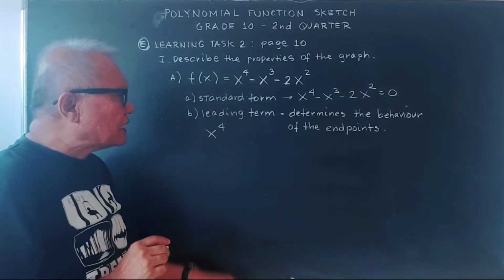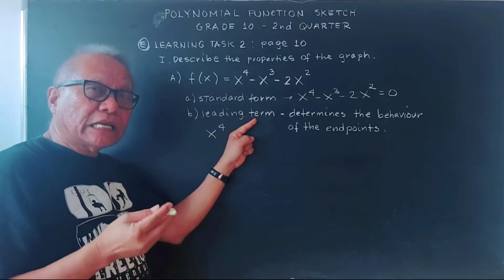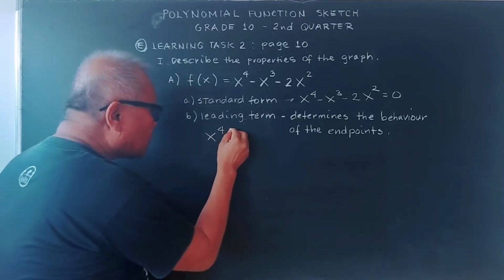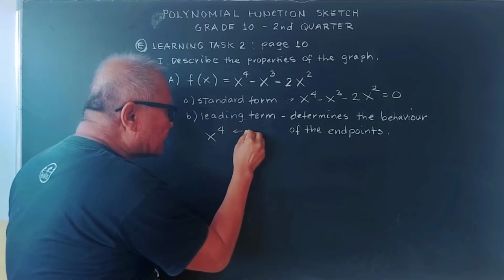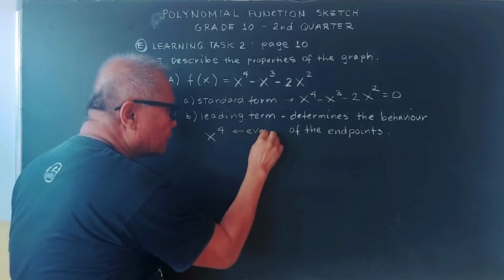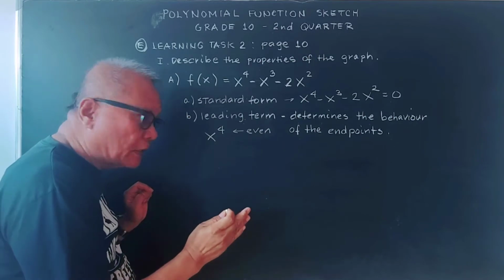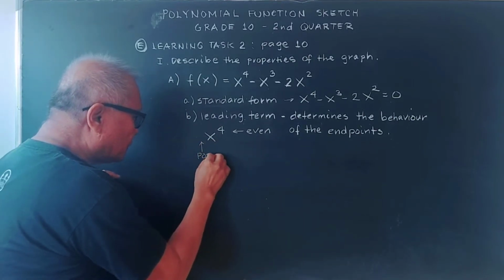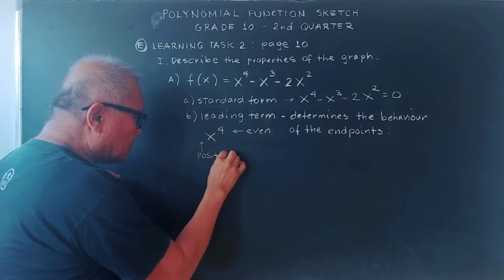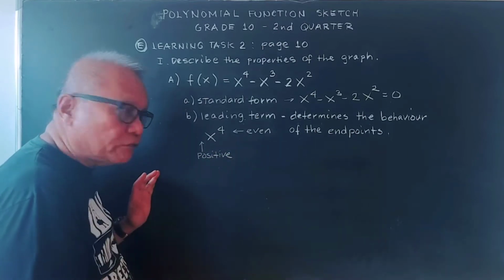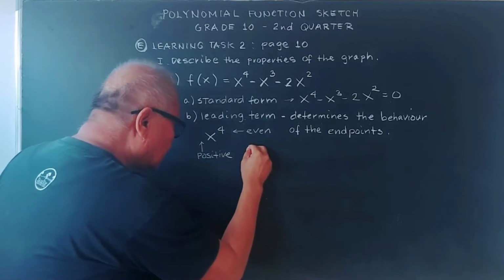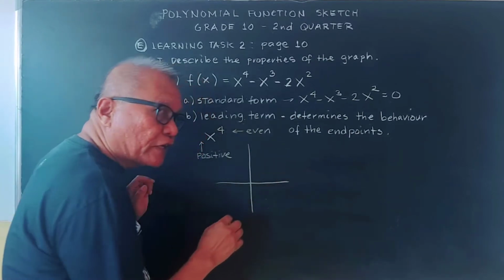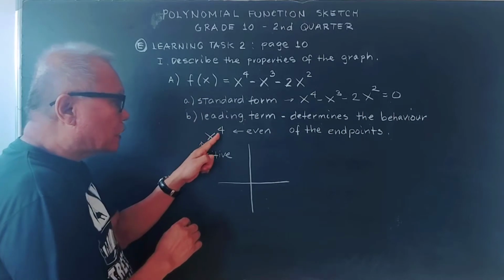Okay. What does this leading term tell us? If the leading term exponent is even, and this one is positive, then the ends of the curve, this one is even.